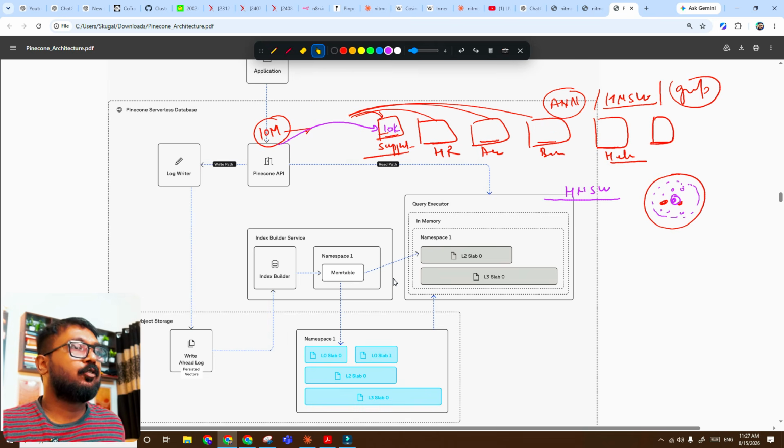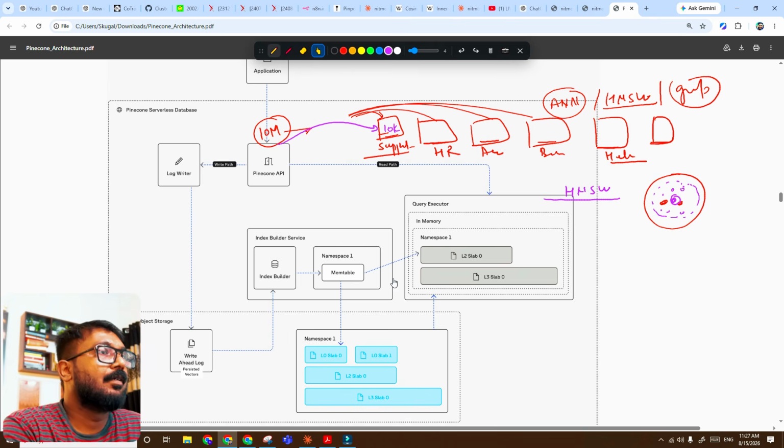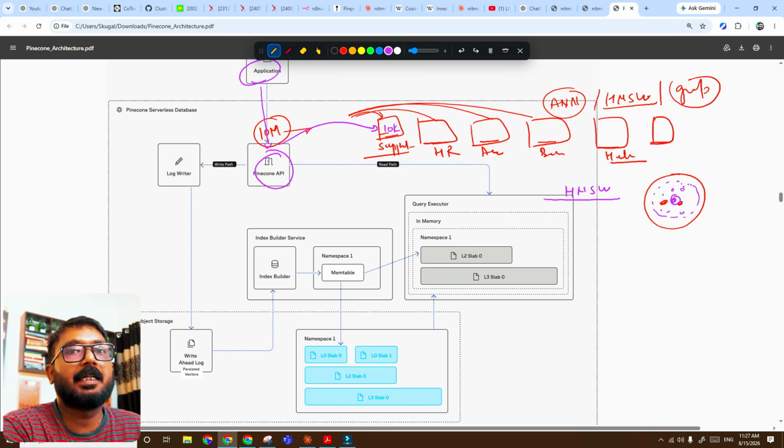Right, so this is what happens here. You see, there is an application that goes to the Pinecone API. Pinecone gives a REST API that you can communicate with. You get the SDK of Pinecone, right? And as soon as you go to read, it goes to the query extractor, that goes to the in-memory, and here are the slabs, right?